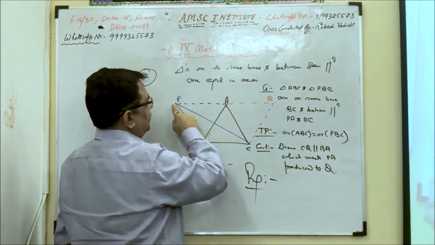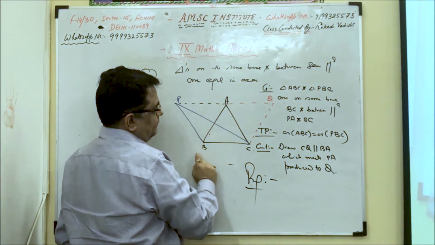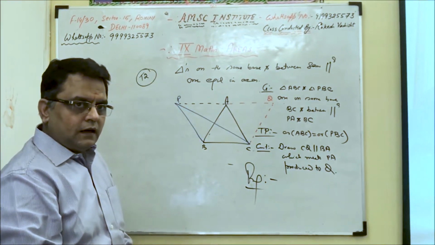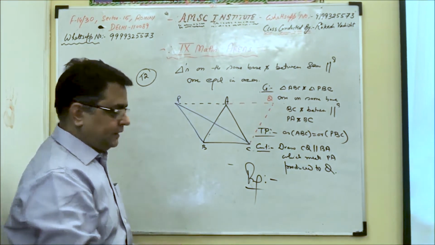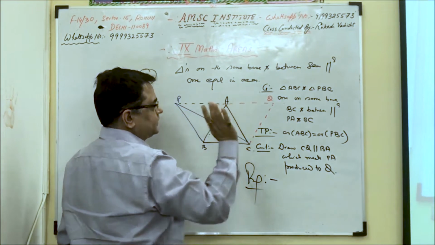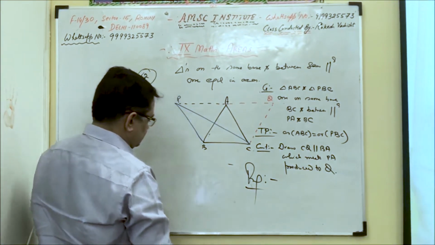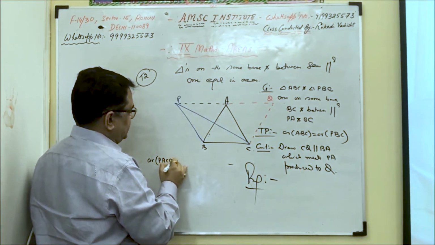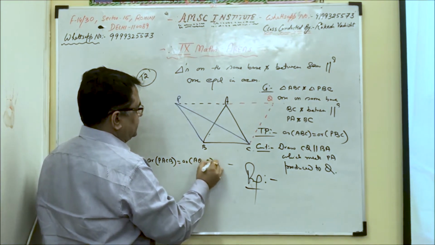So we have two parallelograms, PACB and ABCQ. हमने दो parallelograms को लिया. Are their areas equal or not? Because they are on the same base and between the same parallels. Right? तो proof के अंदर area of PACB is equal to area of AQCB.